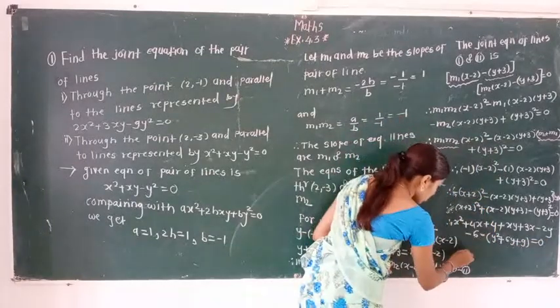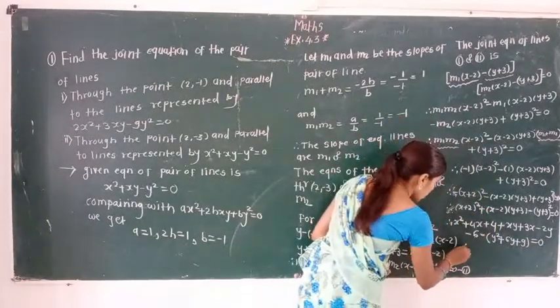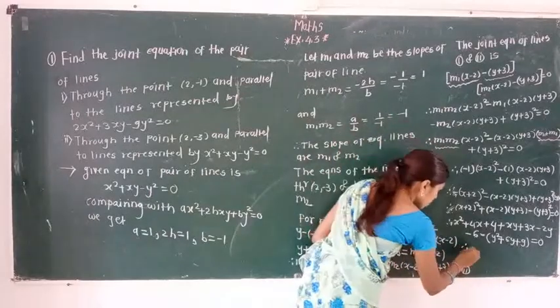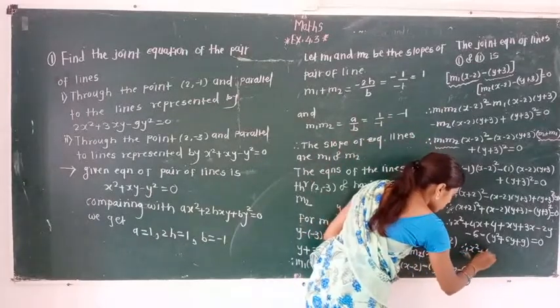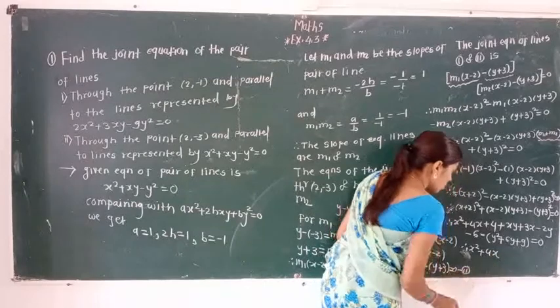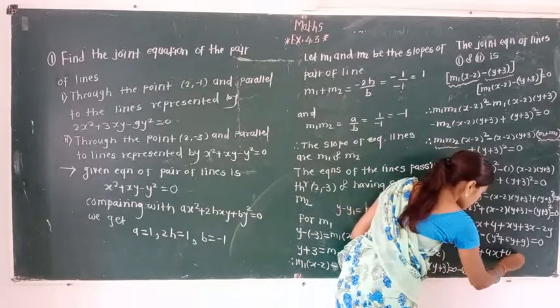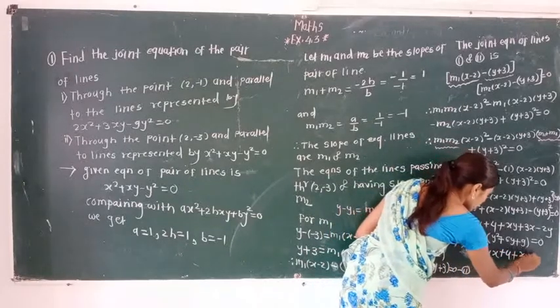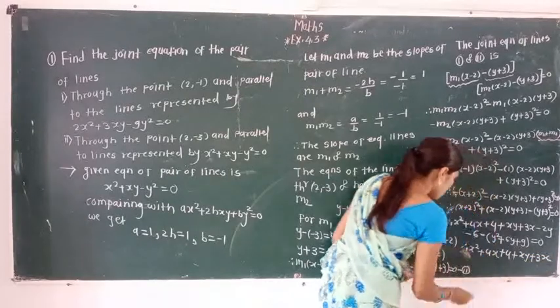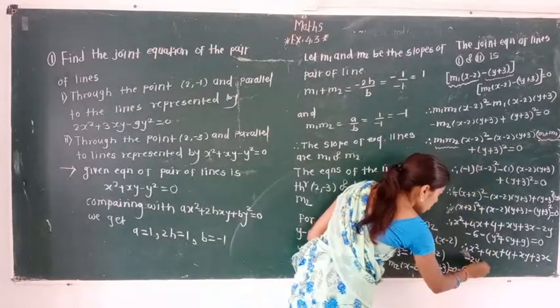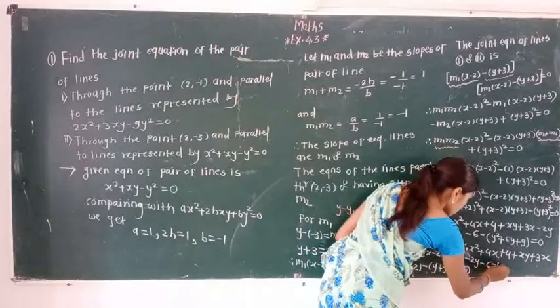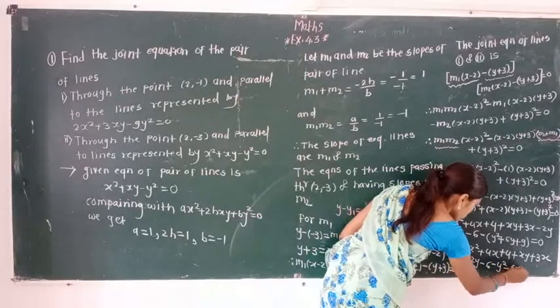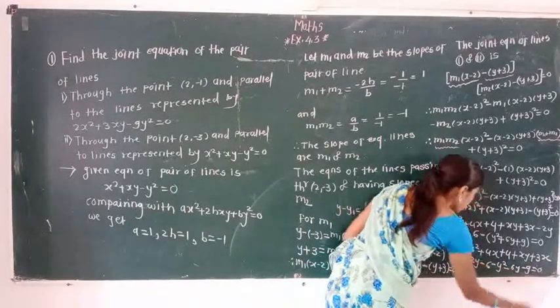Now simplify this equation: x square plus 4x plus 4 plus xy plus 3x minus 2y minus 6 minus y square minus 6y minus 9 is equal to 0.